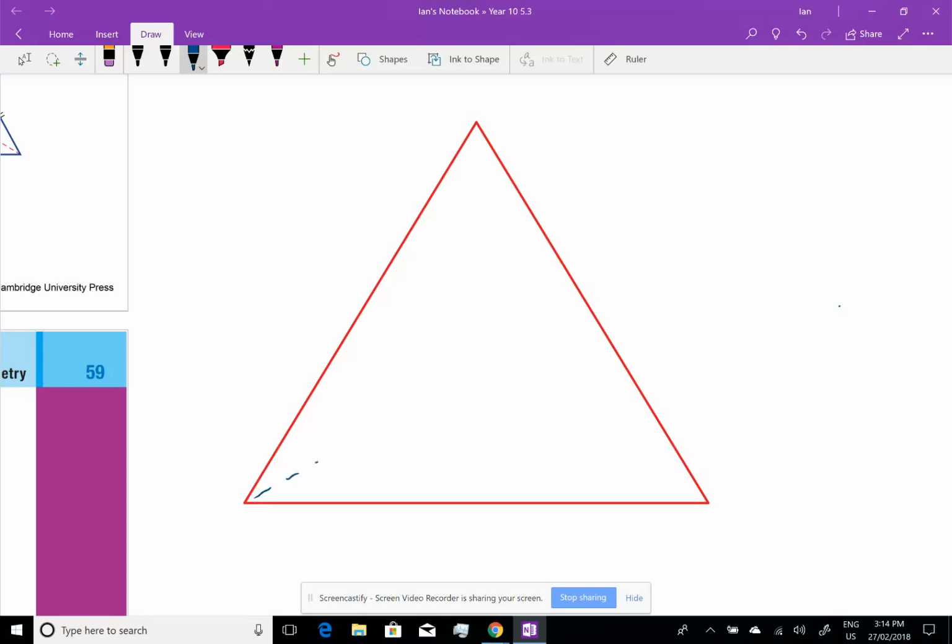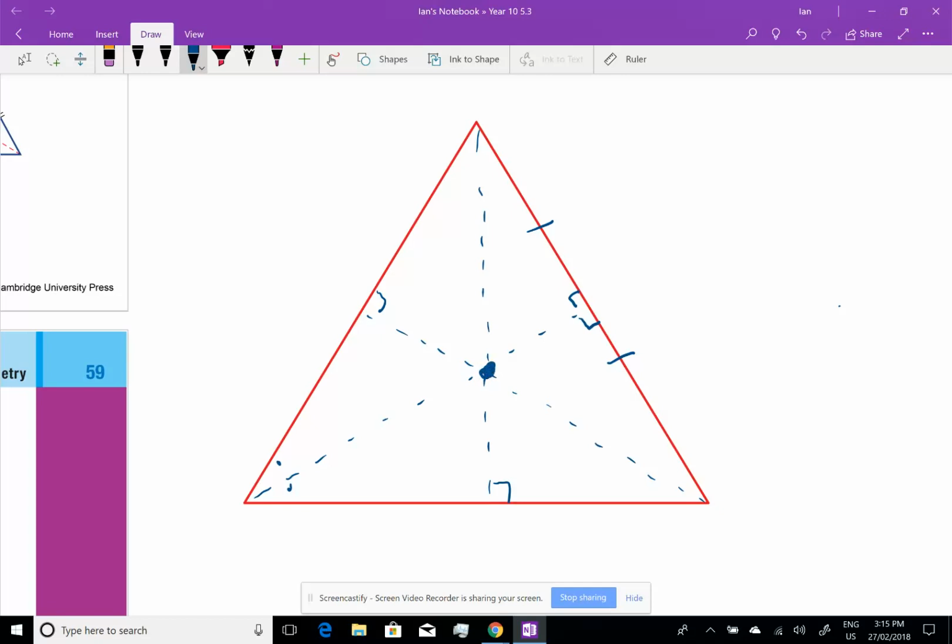If I draw an altitude from here, we already know that the altitude splits the base and splits the angles. And if I draw the altitude from here, and then the altitude from here. Now, not all altitudes intersect at one point, but because it's an equilateral triangle, they do. And there it is.